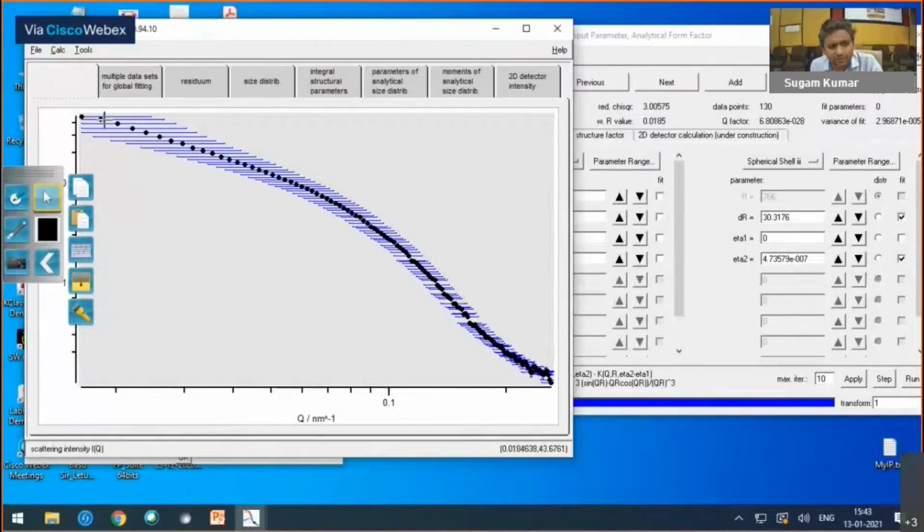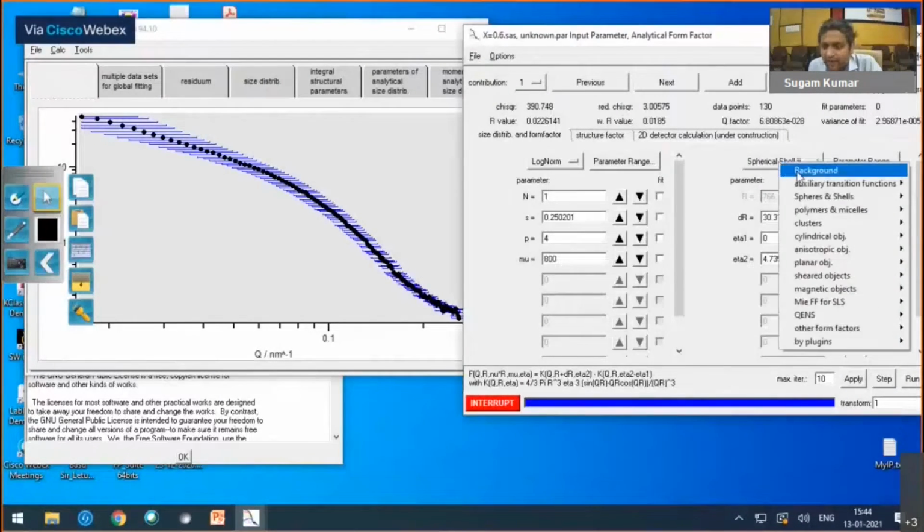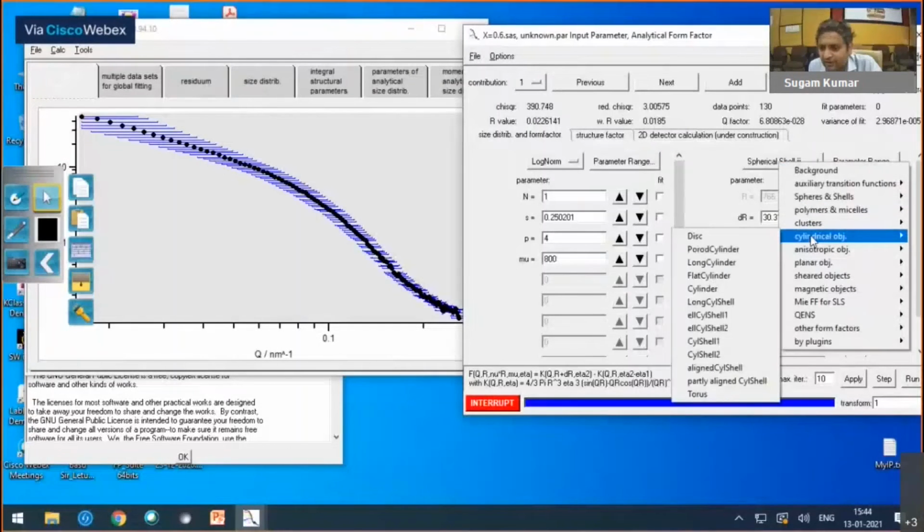Do not bother too much about these error bars, because in the final data file it will appear normal. Sometimes because of the differences in the versions, compatibility with the software, they may look unobvious, but yeah. So this is a rod-like. So what I will choose is a cylindrical object.